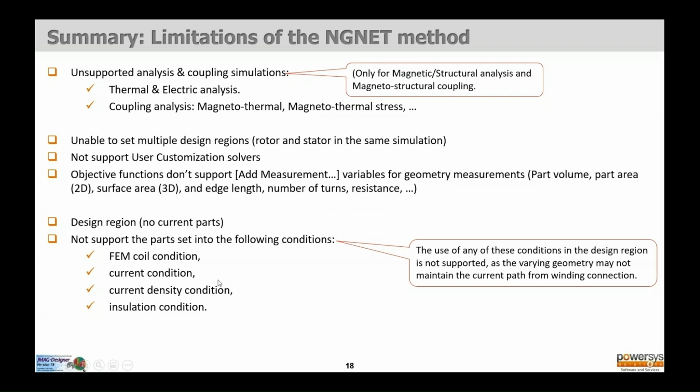And you can also use some conditions. So here, this is the condition that you cannot use in the design region. So if you define some part here, this means that you cannot use this part in the design region.